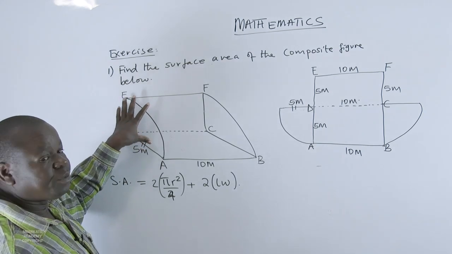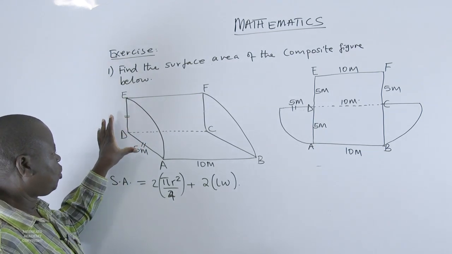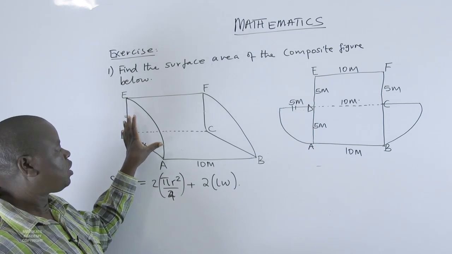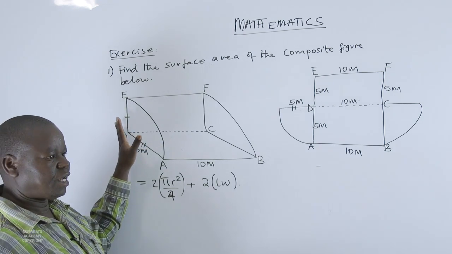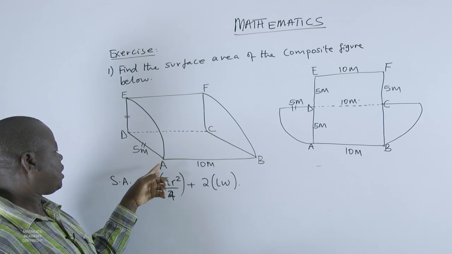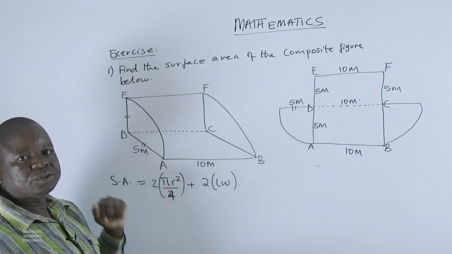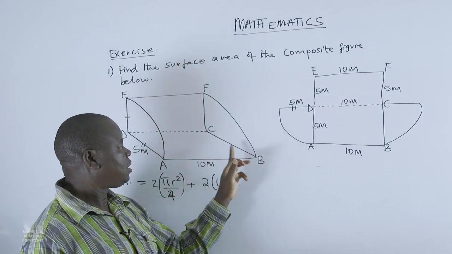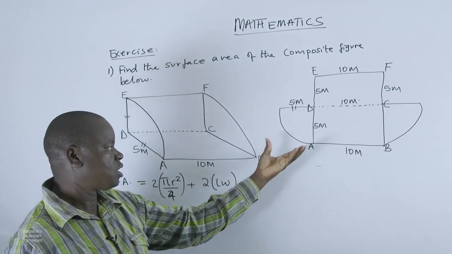So this particular object is made of two quadrant surfaces, side surfaces, ADE and BCE. Those are quadrants.